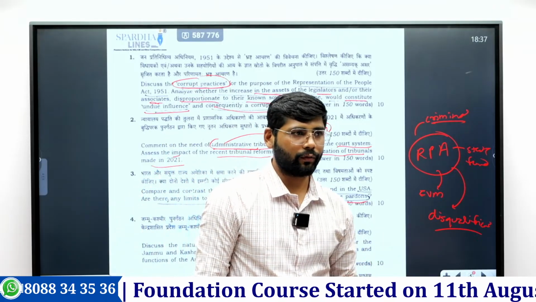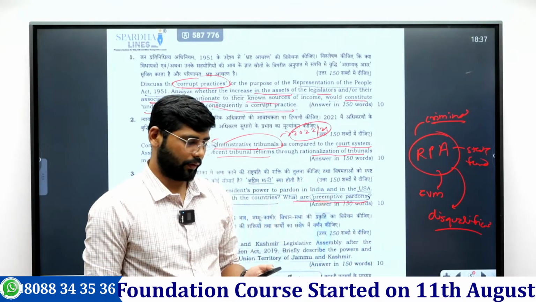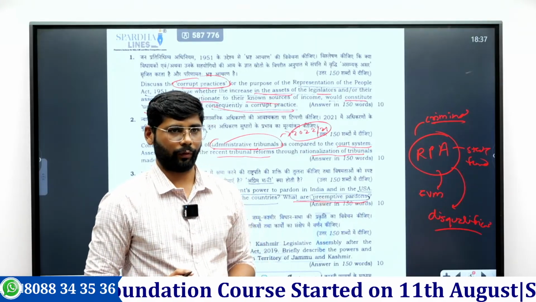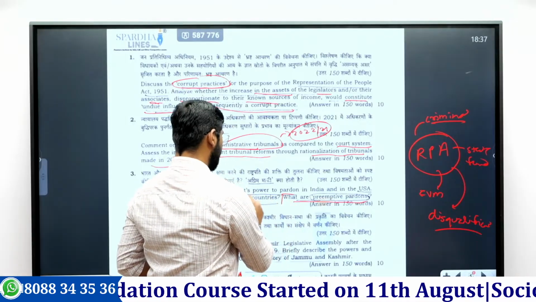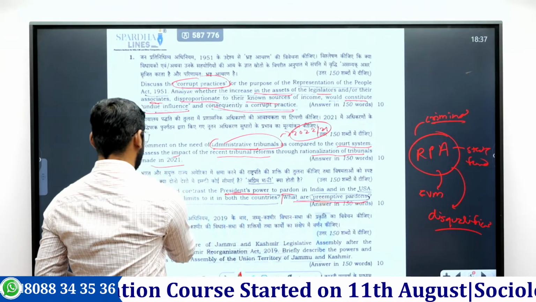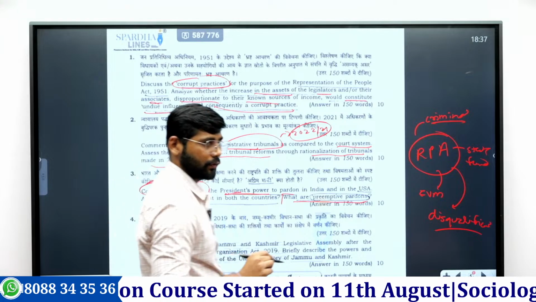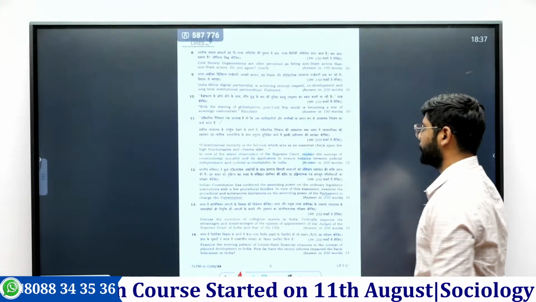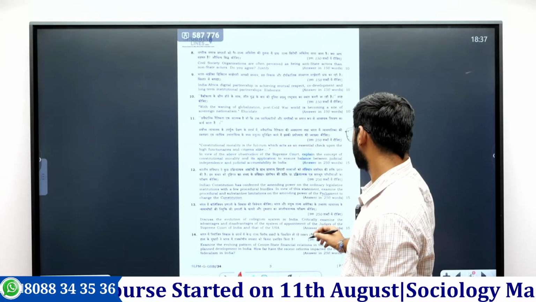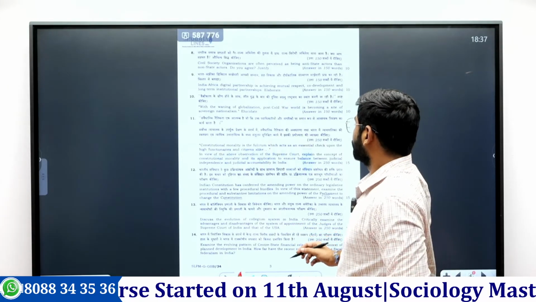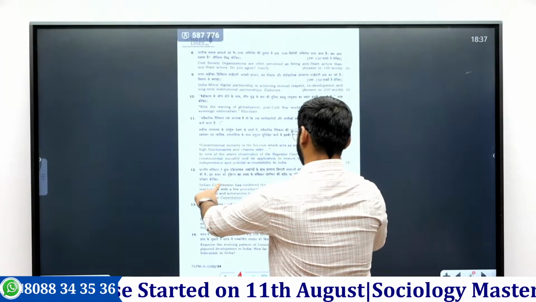If you know the meaning, then only you can answer, but if you don't know, like many people will not be knowing, don't think much about this part. Think here: president's power, compare and contrast. There is one more comparison based question. See.